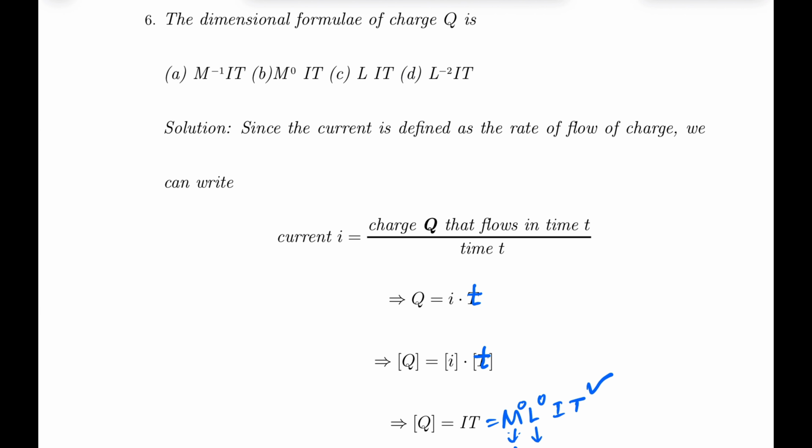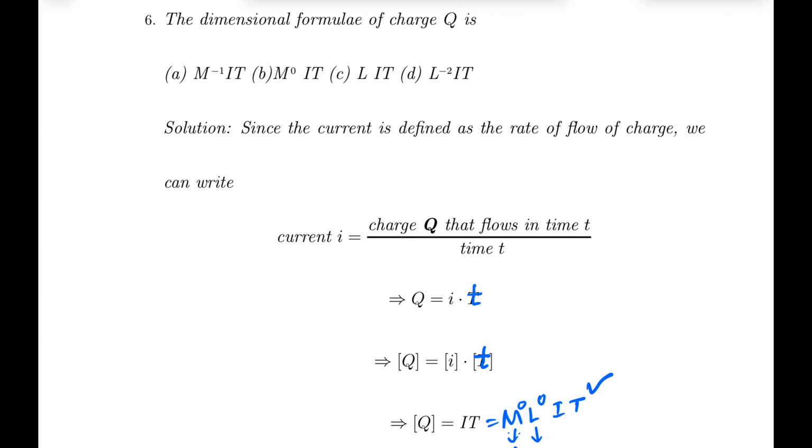As usual, we put the quantities in square brackets to indicate that we are interested in their dimensional formula. So capital Q within square brackets is I within square brackets and time t within square brackets.